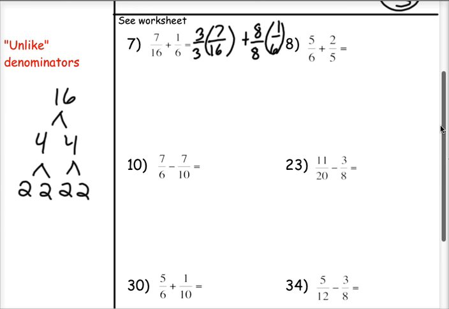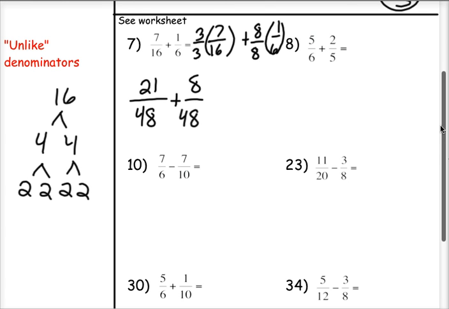Now I have that. So now I have to start looking to see what am I getting. So that first fraction, 3 times 7 is 21. 3 times 16 is 48. Second fraction, 8 times 1 is 8. Then 6 times 8 is 48.